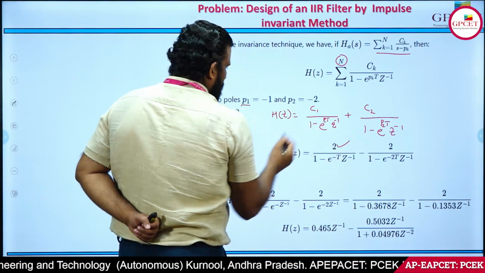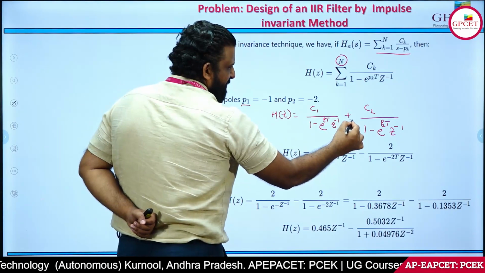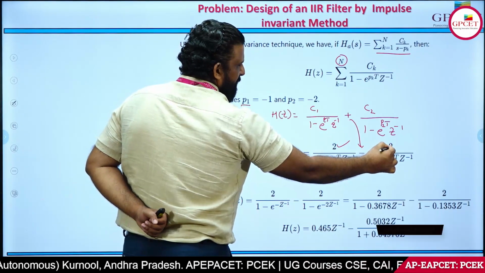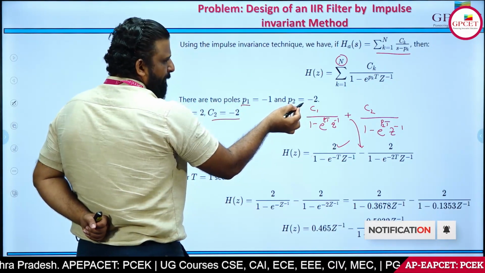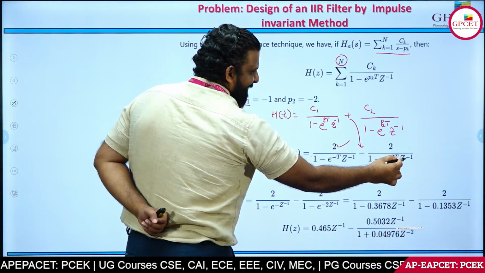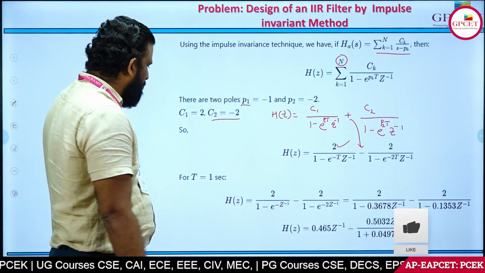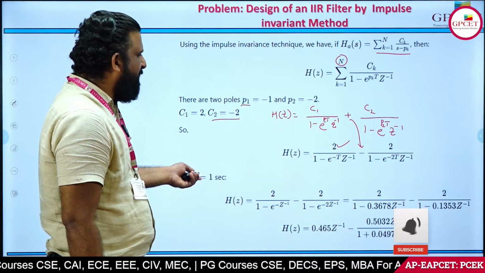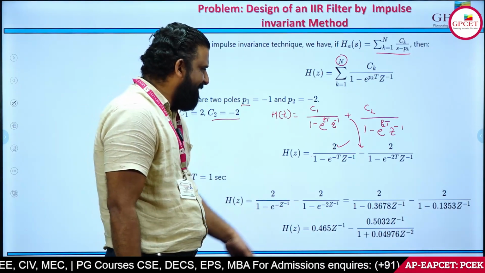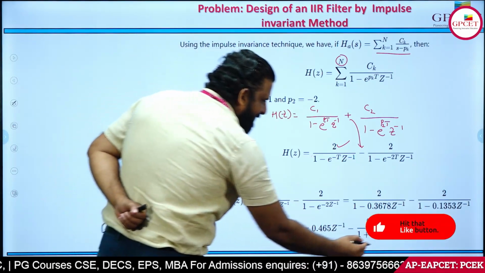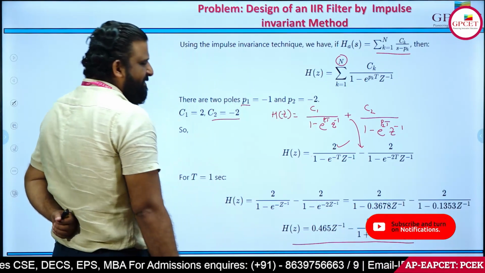Second one, what is c2? c2 is equal to -2, and p2 is equal to -2, so -2 / (1 - e^(-2T) z^-1). What value is given in the problem? T is equal to 1 second. Substituting T = 1 second and simplifying, this is the final equation I got, which is nothing but H(z).